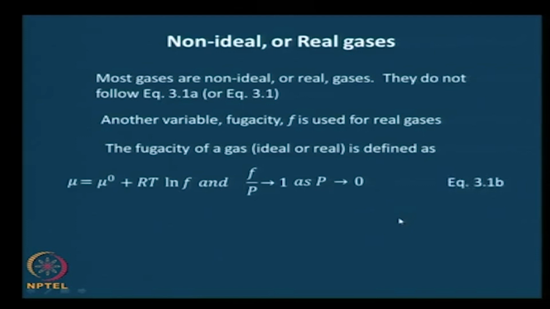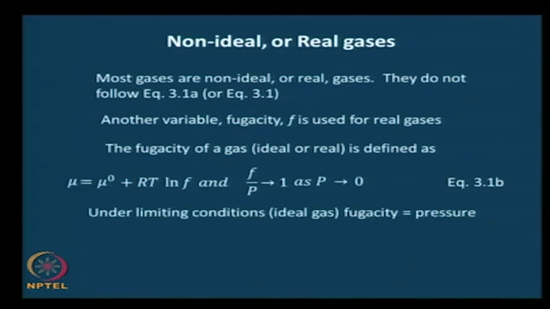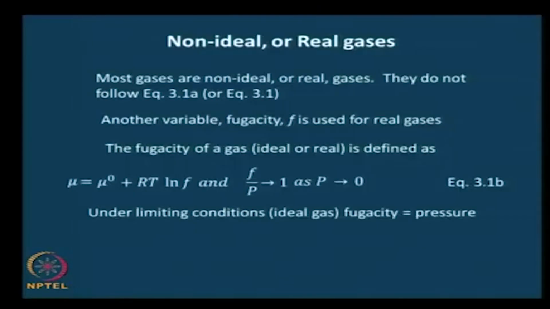Let us call this equation 3.1b. As mentioned earlier, under limiting conditions it should become an ideal gas, and of course it is quite evident that mu equals mu naught plus RT ln F should become mu equals mu naught plus RT ln P, and therefore fugacity must equal pressure for the ideal gas.